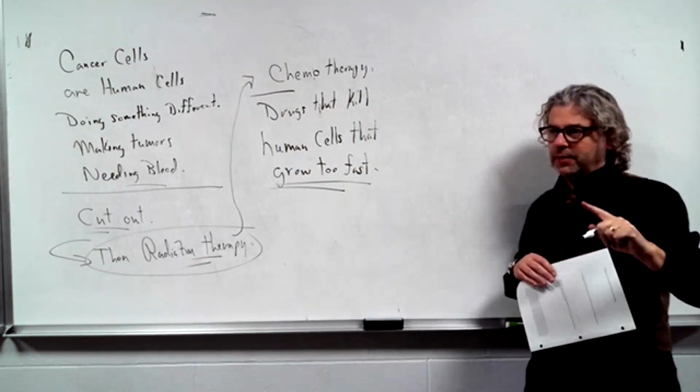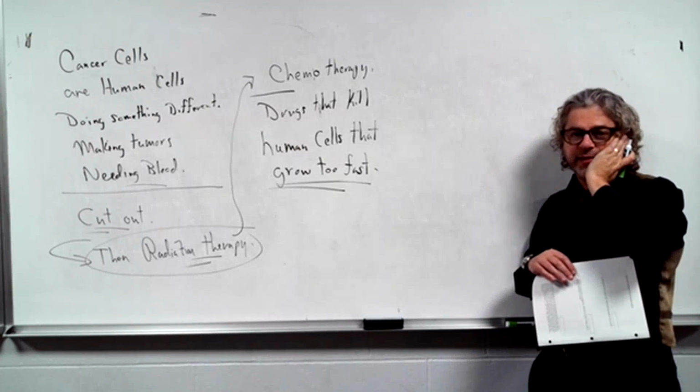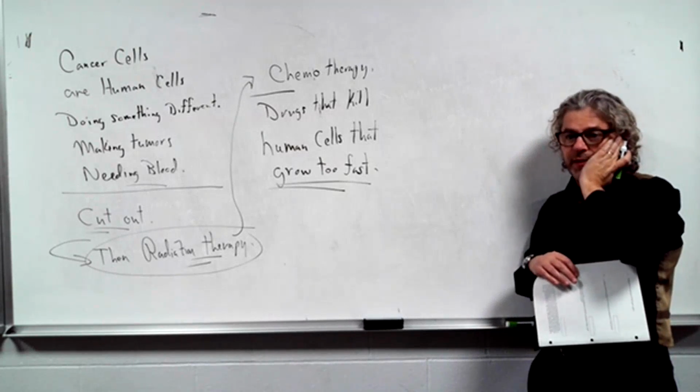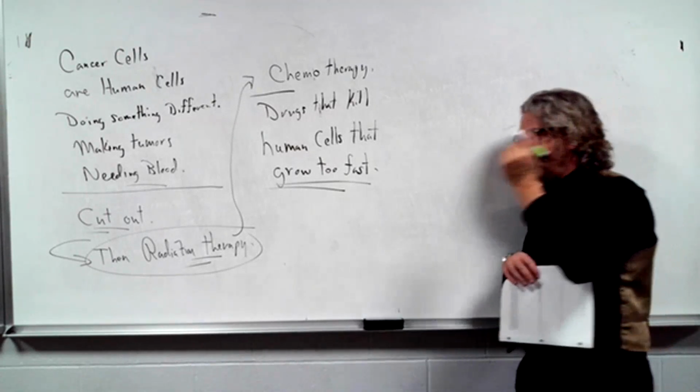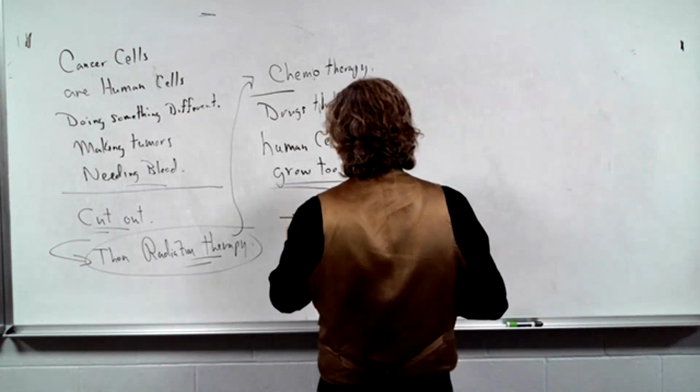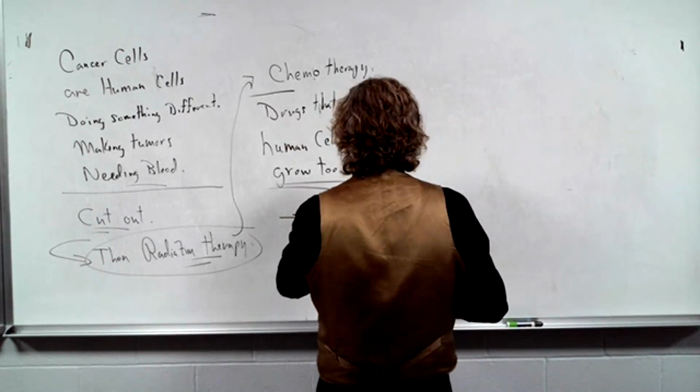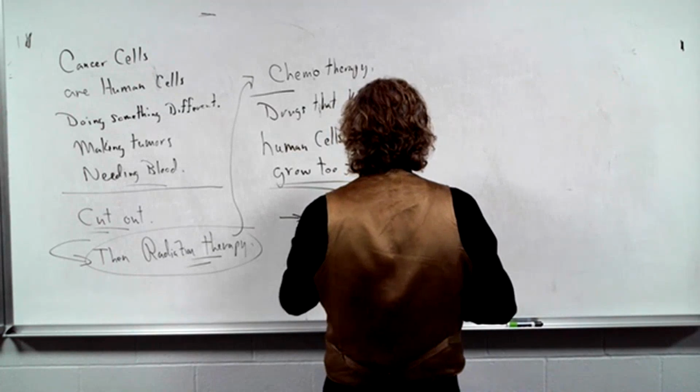Why? Well, if you wanted drugs that kill just human cells, it would kill you automatically, right? We don't want to kill all your human cells. But what human cells grow too fast? Often tumor cells.